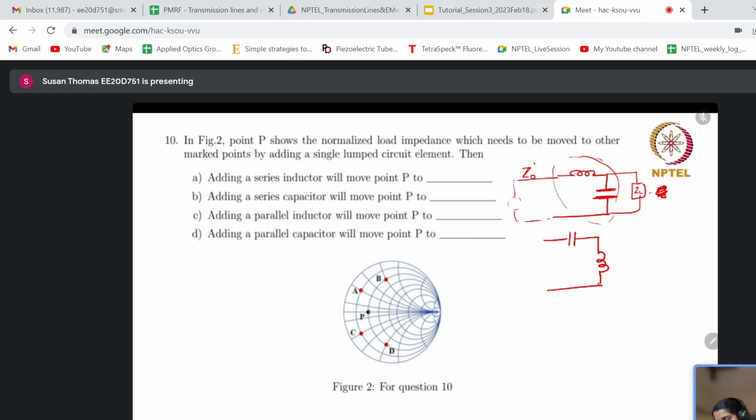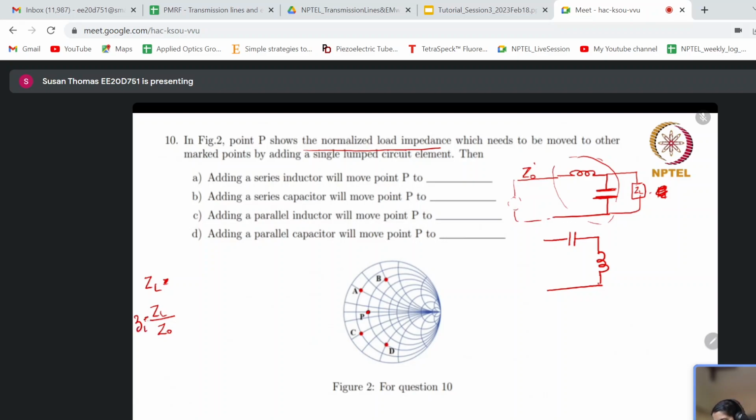In figure 2, point P is a normalized load impedance point. Say we have a load ZL. What do we do? This ZL will be divided by Z0 to get the normalized load impedance.